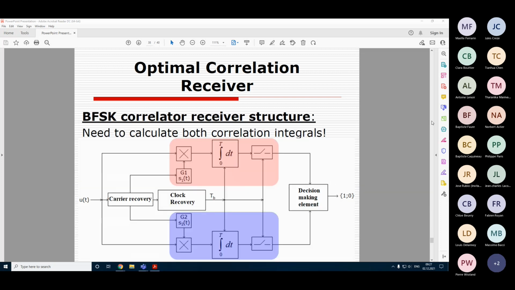So, for frequency shift keying, we have to use two correlation integrals. In the same way, we still need carrier recovery and clock recovery, as it affects our integral and reading this integral as well. In our simulation programs, we do not care about that because everything is fine.